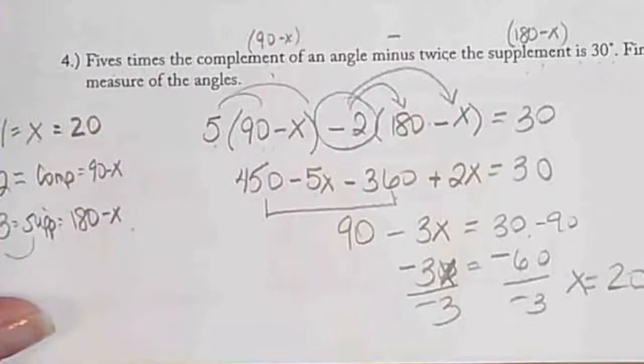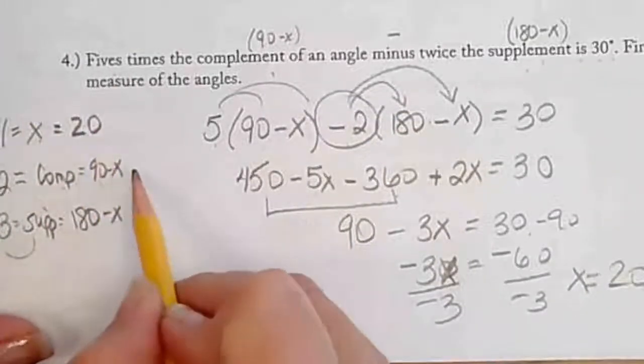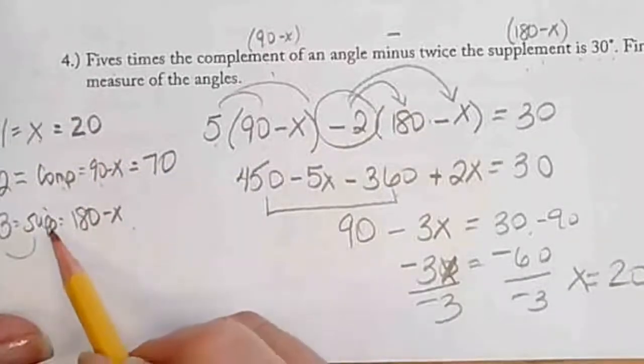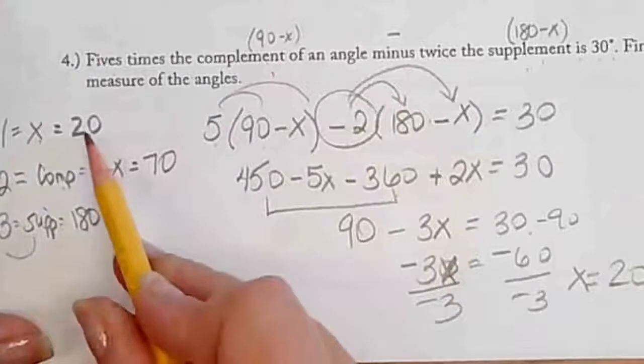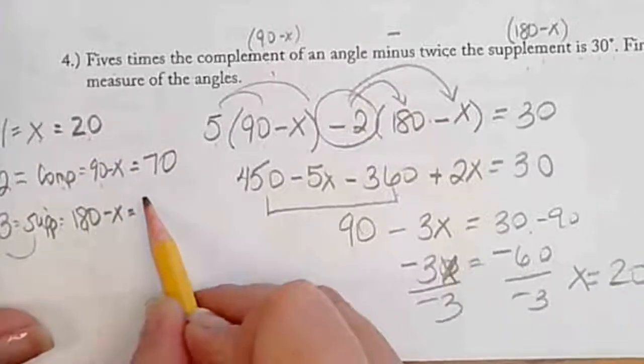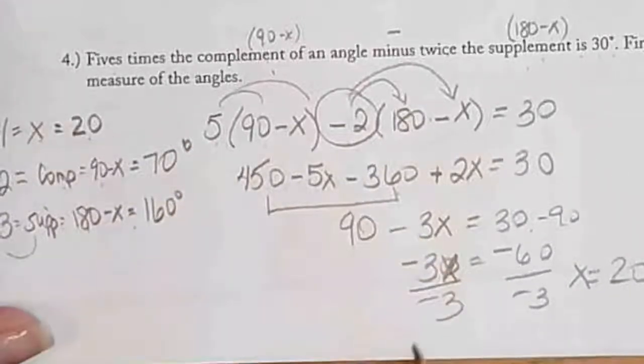The supplement is 180 minus my angle x, which is 20, and that is 160 degrees. So your angle is 20, the complement of that angle is 70, and the supplement of that angle is 160.